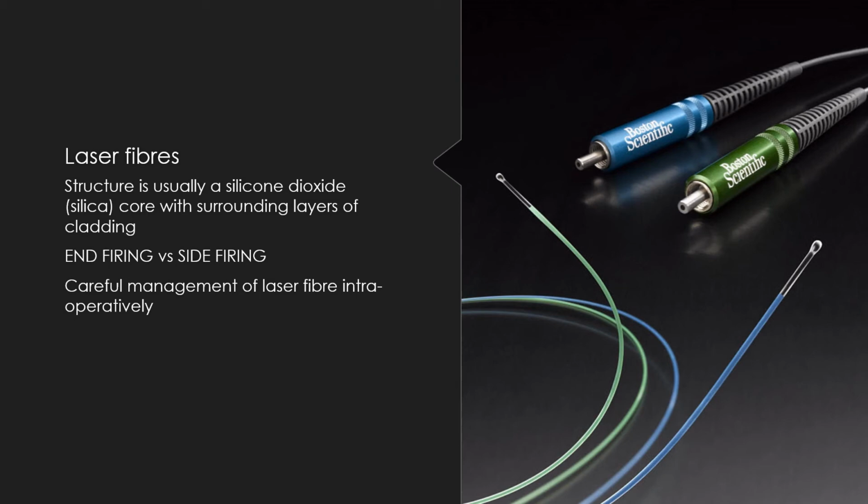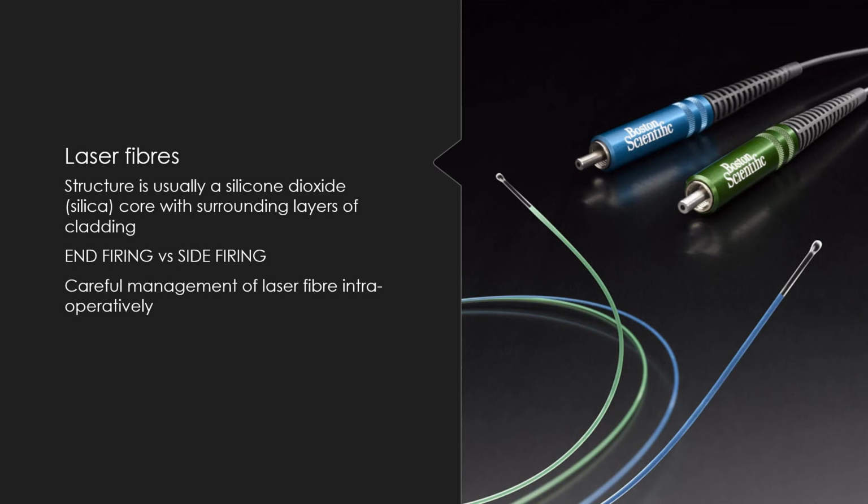The two main types of laser fiber are end-firing fibers, which are typically used with a Holmium YAG laser, and side-firing fibers, which are used for photovaporization of the prostate from the green light laser.